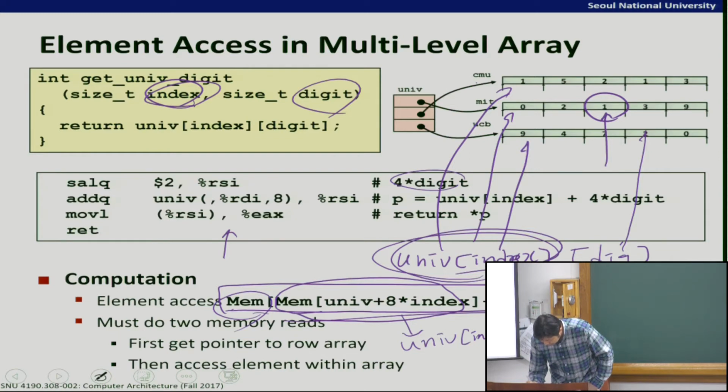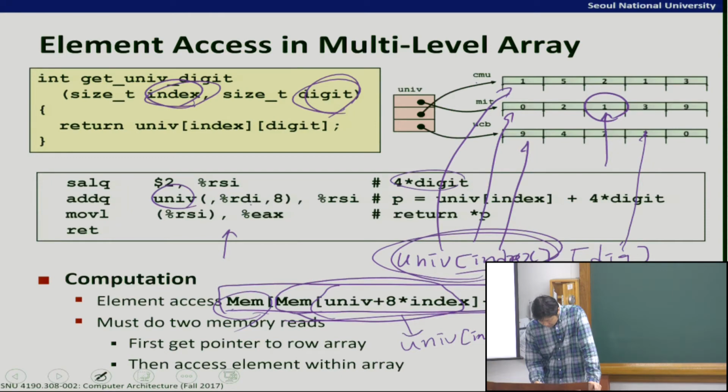The digit, the second argument, is shifted left by 2, meaning that we multiply the value by 4, right? Because shifting left by 2 is equivalent to 4 times digit. And we add the value of univ and multiply by RDI times 8.